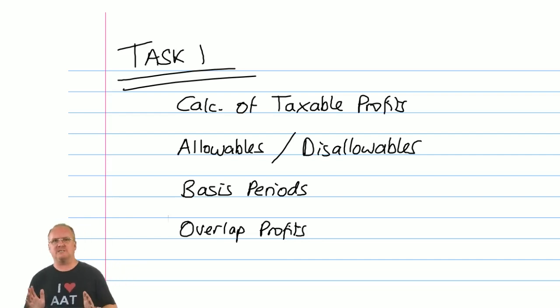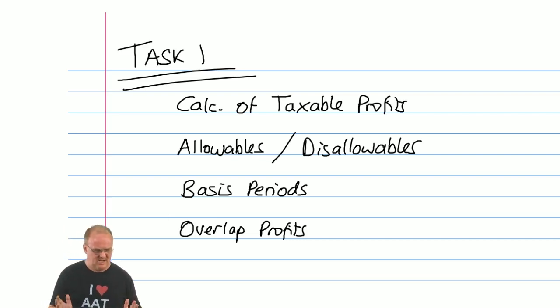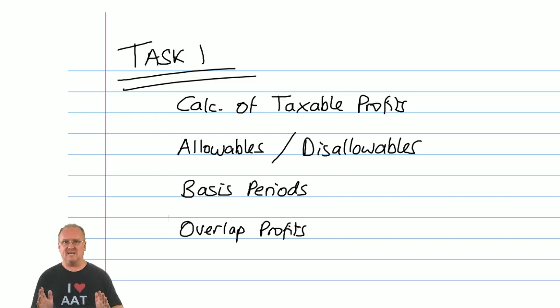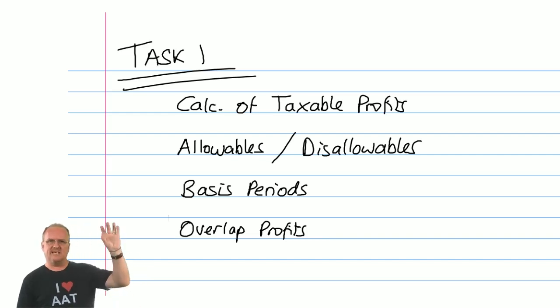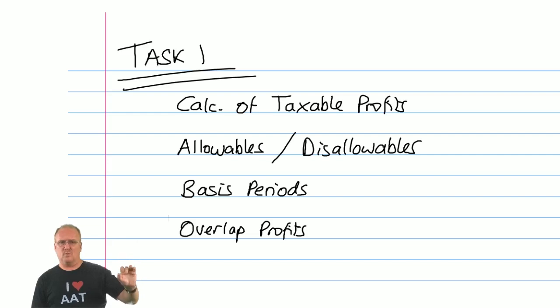Now, I never like to describe something as difficult because that's not very motivating, is it? What we want to hear is, it's easy. The great news about this particular paper is that when you do an assessment, up on the right hand side of the screen is going to appear some reference material. It'll be a series of bullet points with the titles of each section of reference material that you're provided with.